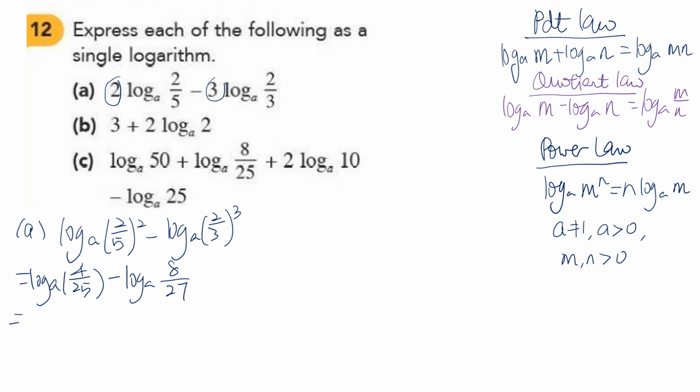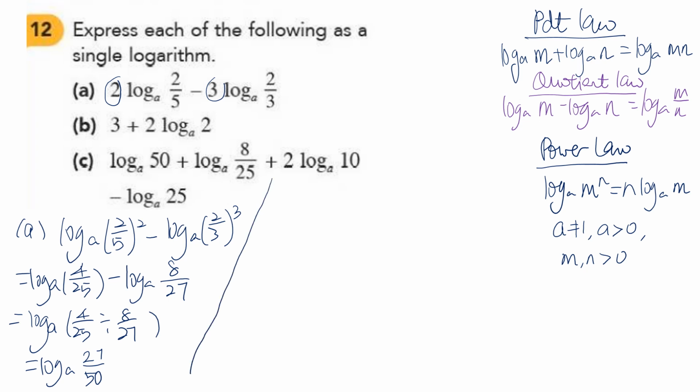And then if you look at it again, I can use the quotient law because I have something minus something. And that will give me just log base a, 4 over 25 divided by 8 over 27. And for that, if you use your calculator, I think you will get 27 over 50. Alright, so that's how we do part A.